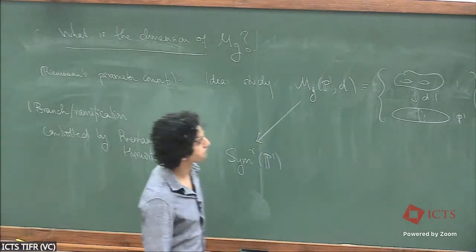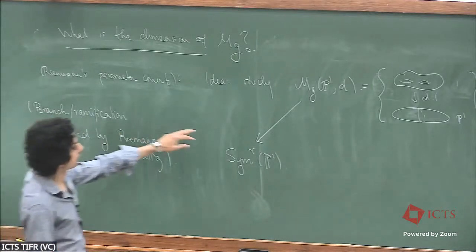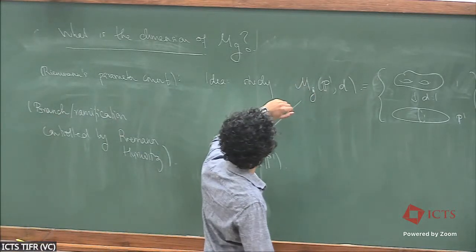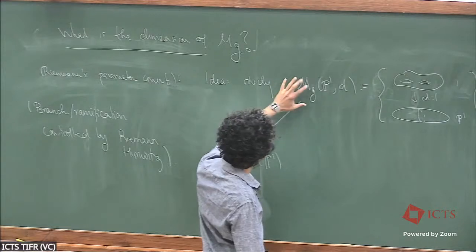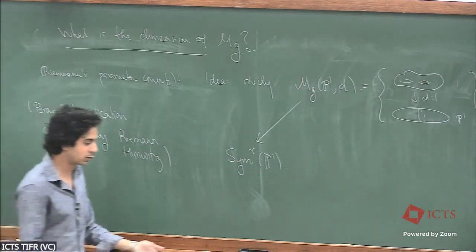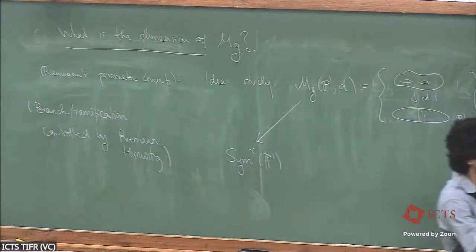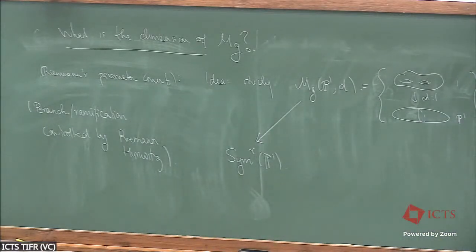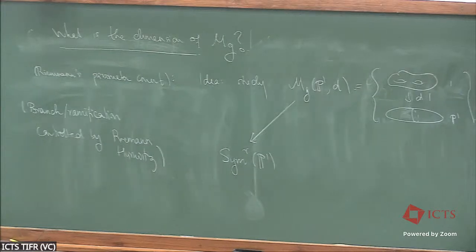Okay. So for example, if G was 0, that's technically not in this stuff we're discussing, but let's say G was 0 and I was looking at degree 2 maps to P1. Well, what's an example of a degree 2 map to P1? Maybe Z goes to Z squared is such a map. Okay, where does that ramify? Over 0 and infinity, there's only one preimage, right?